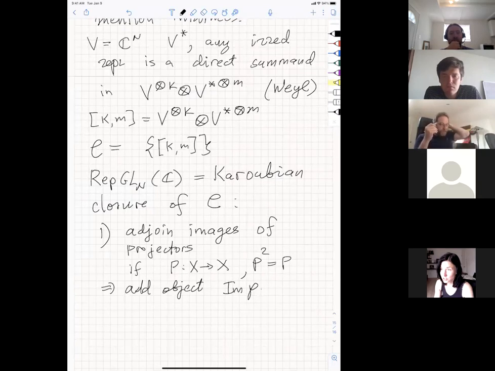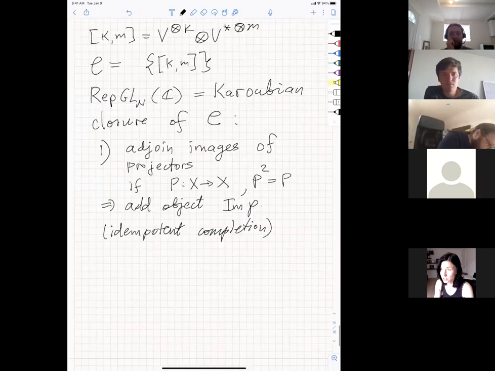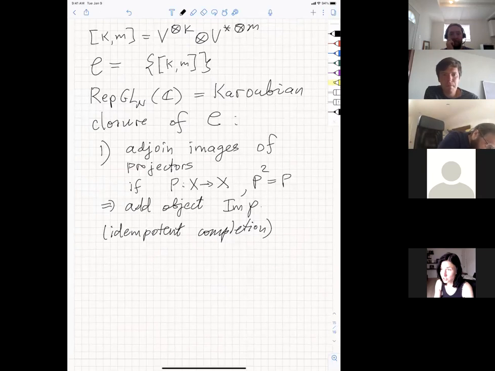But for projectors, it's okay. This is called idempotent completion, and this can be done for any category whatsoever, even without any additive structure. And the second is that we add finite direct sums.